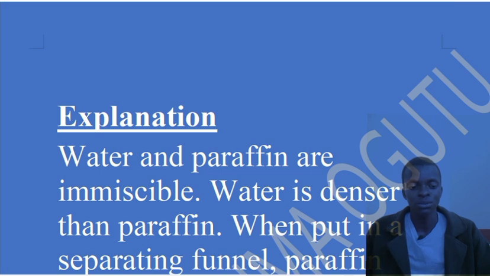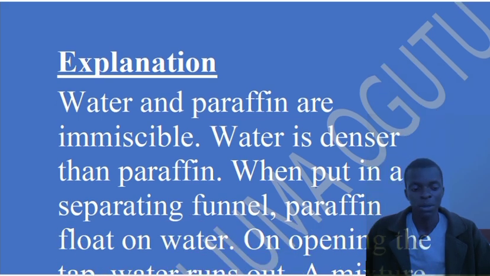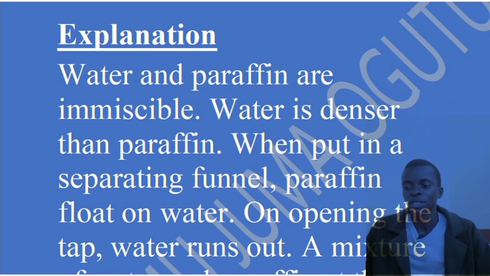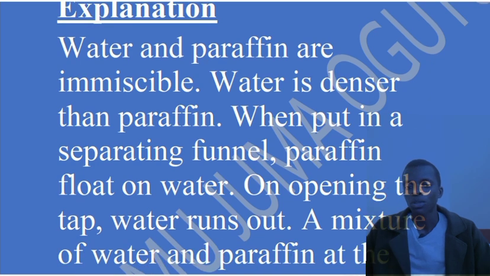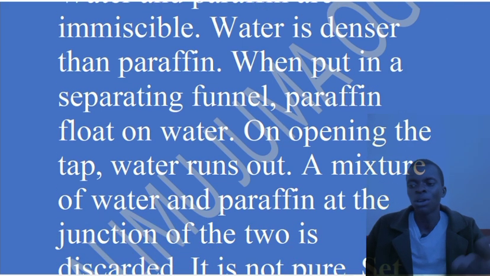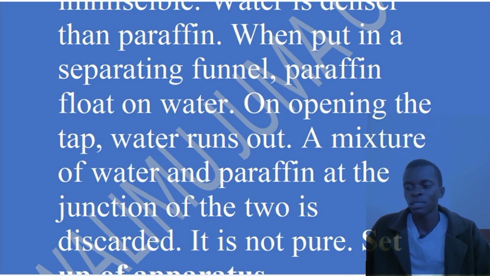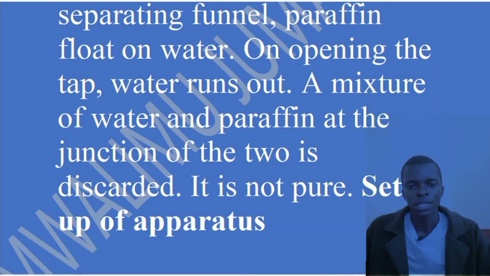The junction of the water and paraffin is discarded because it is not pure. It is the mixture where the dense and the less dense are meeting, so we say that it is not pure. That's when we discard it.